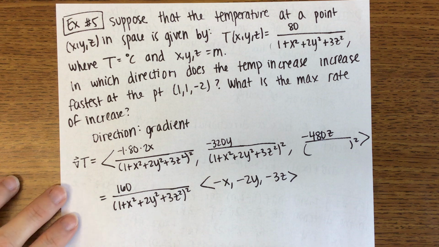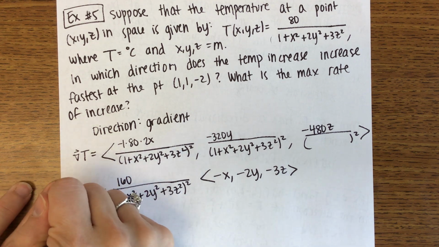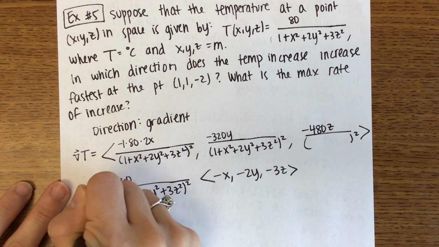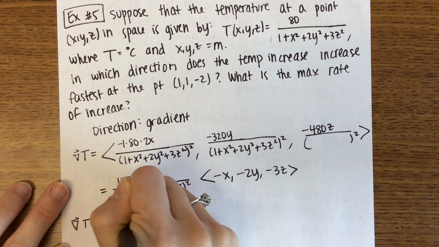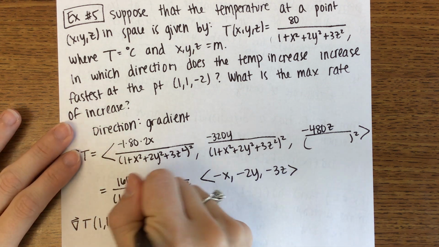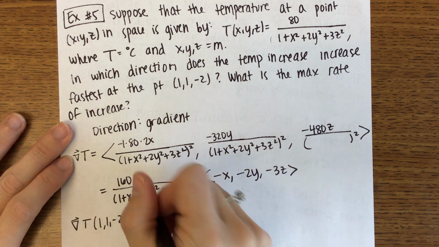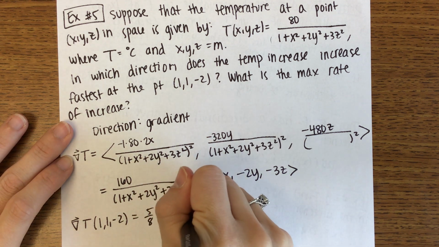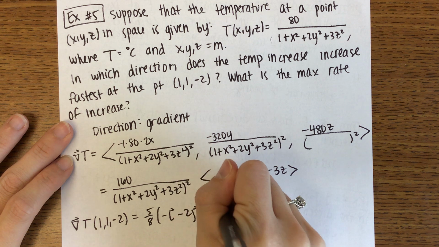Okay, so then what we want is the gradient at the point (1, 1, -2). Can I just tell you what it ends up being after you plug in those numbers? It ends up being 5/8 times (-i, subtract 2j, add 6k).